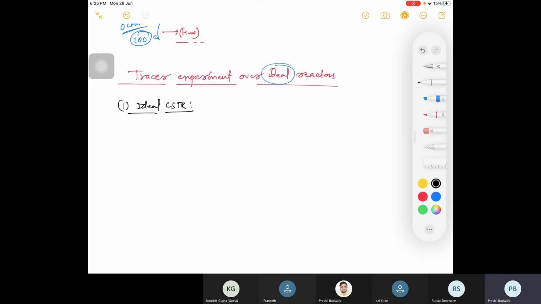What do you mean by ideal CSTR, Saikiran? Instant mixing. Right, instantaneous mixing. No dead zones, no recirculation, no bypassing. Okay.